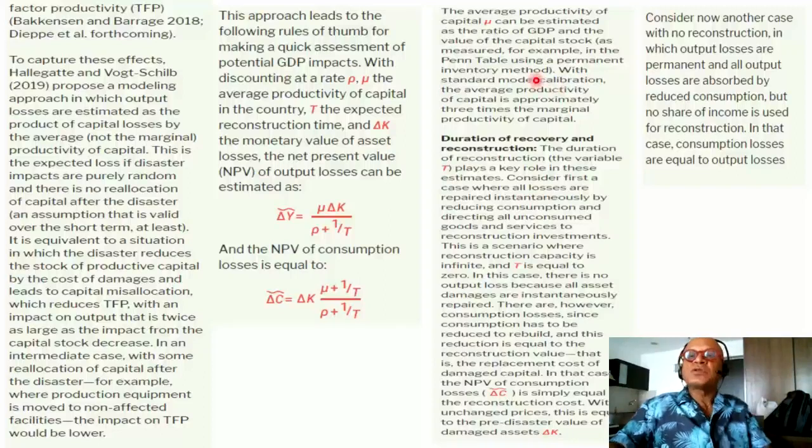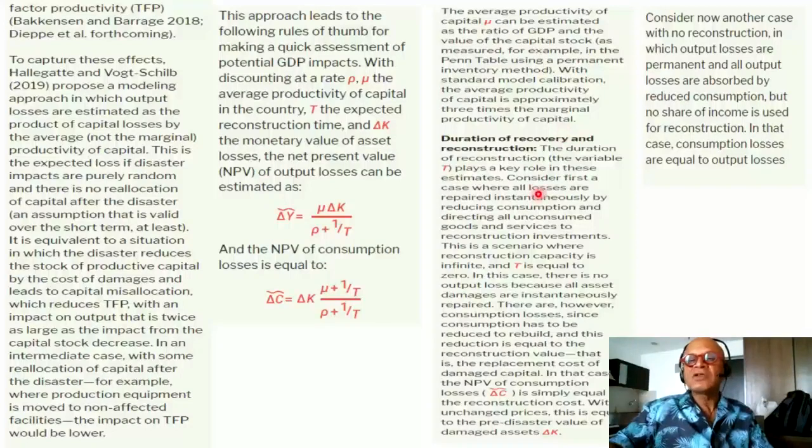The average productivity of capital mu can be estimated as the ratio of GDP and the value of capital stock, as measured, for example, in the Penn World Table using the permanent inventory method. With standard model calibration, the average productivity of capital is approximately 3 times the marginal productivity of the capital. Okay, so it's better to consider standard average productivity rather than the value of the last dollar.